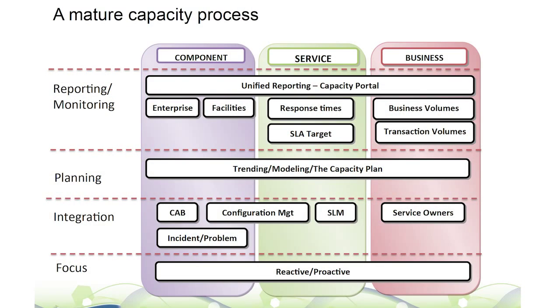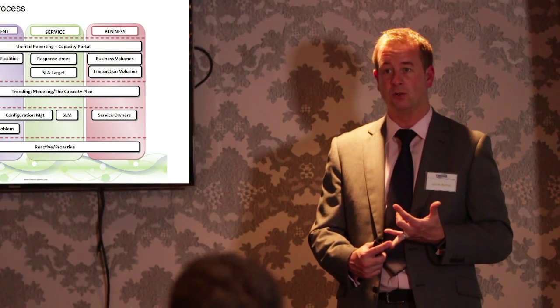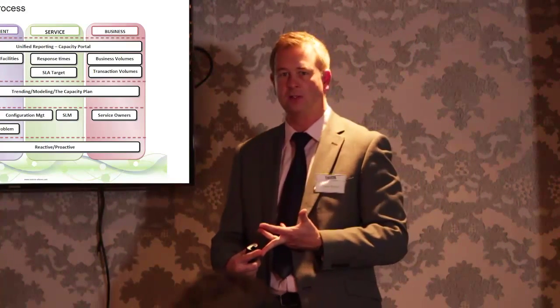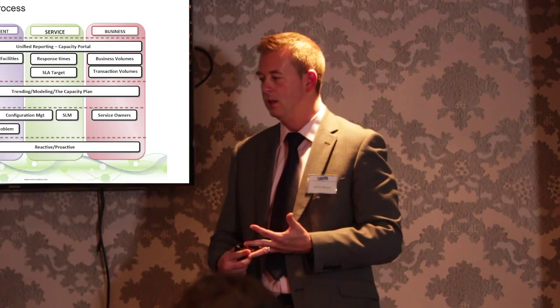Component level, you see there in the integration. Can we provide root cause analysis information back to problem and incident? What about change advisory boards? Capacity members should go into change advisory boards to see the implications of those changes and what the impact on capacity is likely to be.